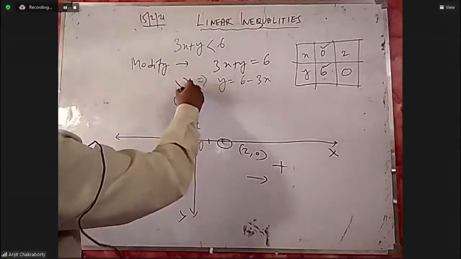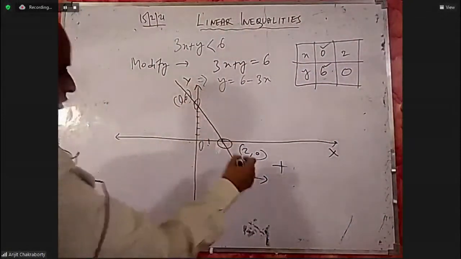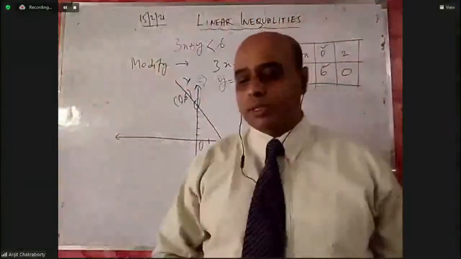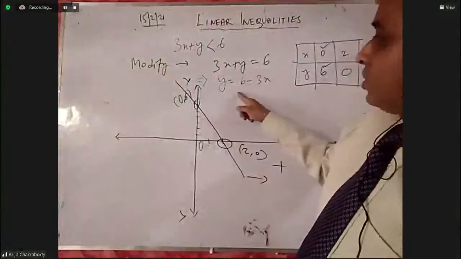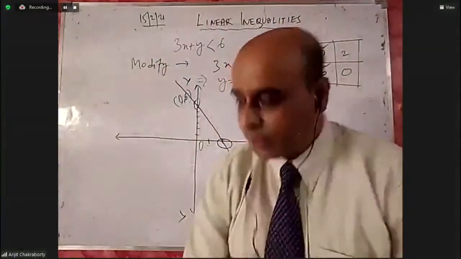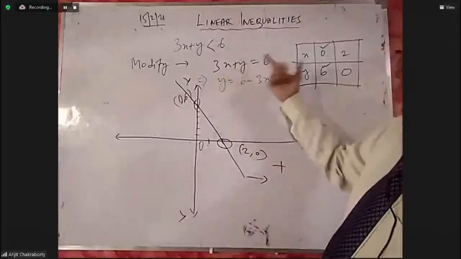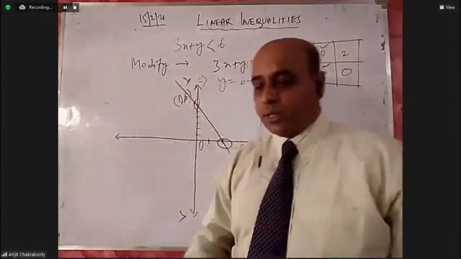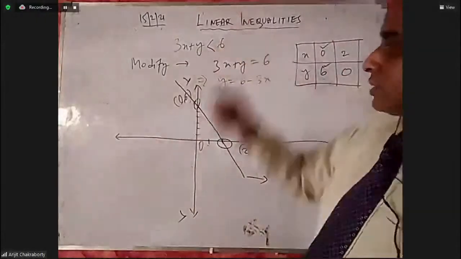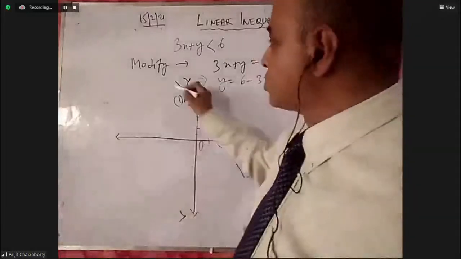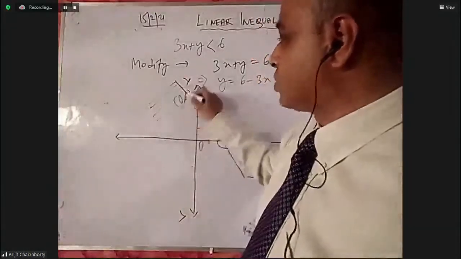So this line is nothing but the equation y equal to 6 minus 3x, or you can write 3x plus y equal to 6. But the given inequality is 3x plus y is less than 6. Less than means towards the left. So the solution will be the shaded part, which I'm shading now.